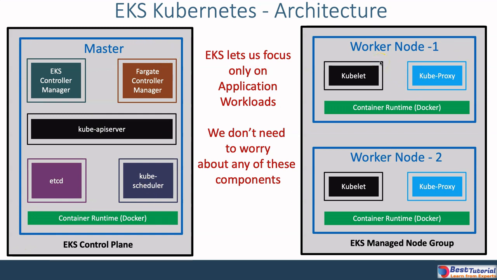Our core focus will be how to design our applications and how to deploy them into the Kubernetes cluster and its node groups available in AWS. So we really don't need to worry about the high availability or the maintenance of these master or worker nodes.